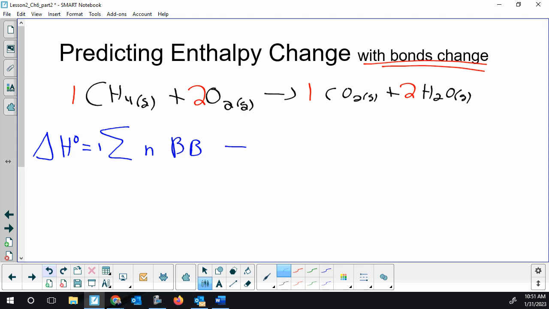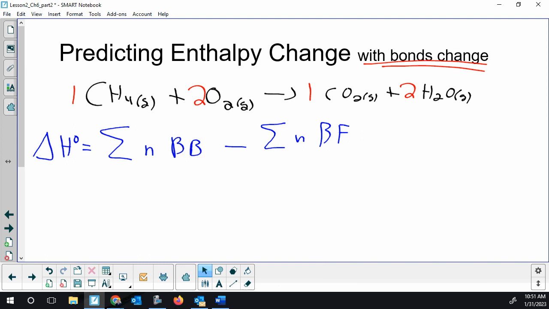We're going to look at the bonds formed, which are exothermic, hence the minus. We're going to sum up the moles times the bonds formed. Okay? So this is really no correlation to moles times change in enthalpy of formation. Okay? We're doing the bonds broken, the positive piece first and the negative piece second.